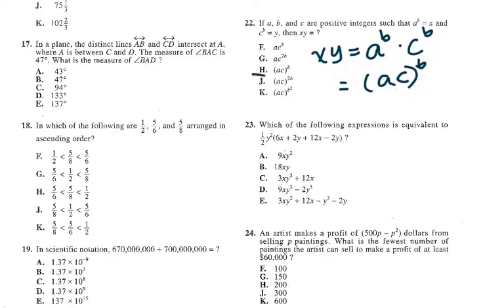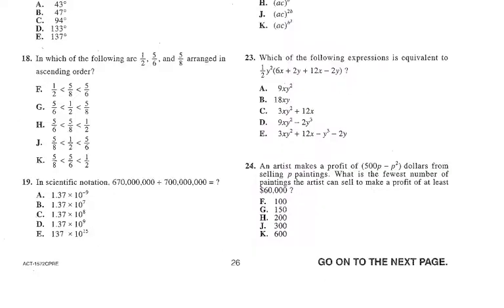That's why answer will be H. For number 23, first of all, you need to combine like terms in this parentheses. So this is gone, and you will get the 18x. 18x times 1/2 y squared, it will be 9xy squared. So A will be the answer.